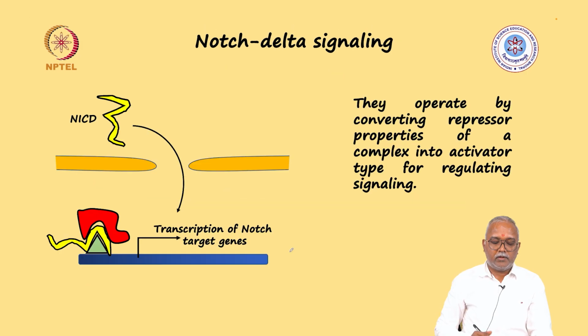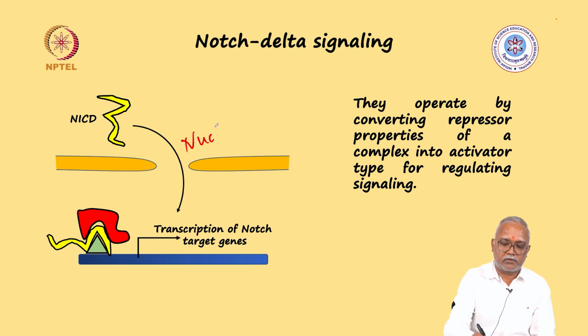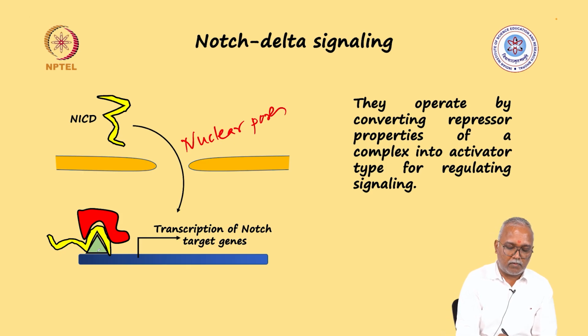And as I told you, this NICD will go inside the nucleus through nuclear pores, where you have this repressor complex.